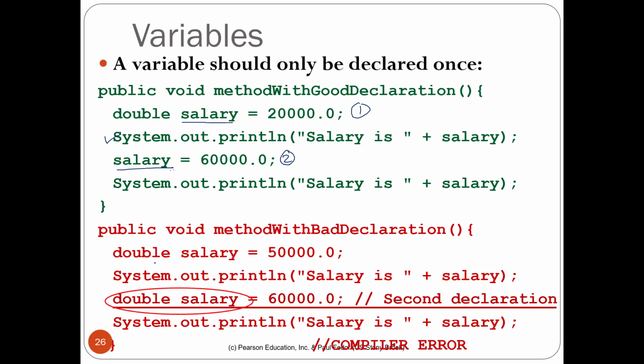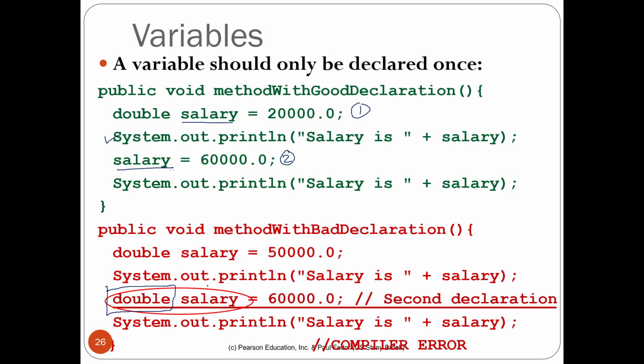How about this case? You have double salary 50,000. Cool, you can print it out. Now what you did, you overdid this thing. Since we have already defined the salary variable right here in the very first statement of this method, we should not redeclare it.